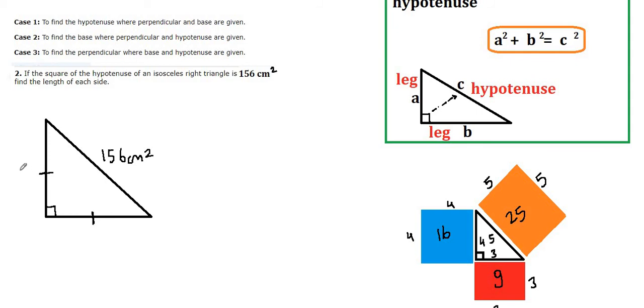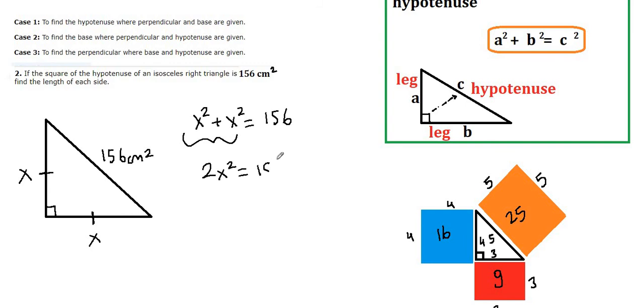So we know that if this is x, this is also x. So we're going to apply the Pythagorean theorem. So x squared plus x squared has to be equal to 156. So we have 2x squared equals 156. We're going to solve for x, so we're going to divide both sides by 2.